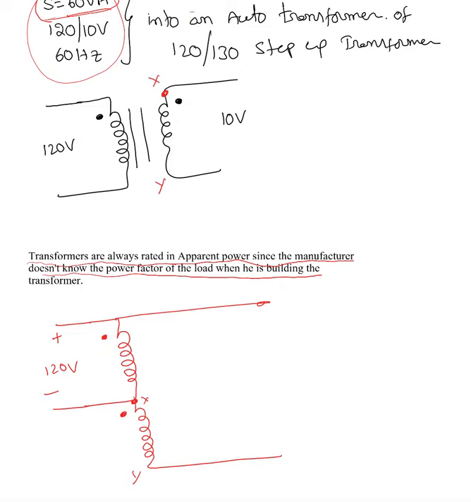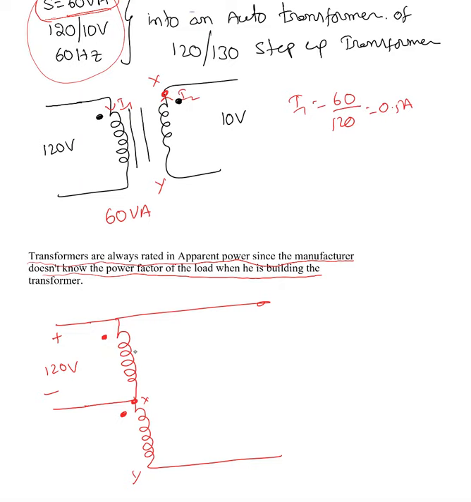Based on the rating, can we find the current passing through each winding, the current-carrying capacity of each winding? So this I1 and I2, I1 must be 60 over 120, which is 0.5 ampere.